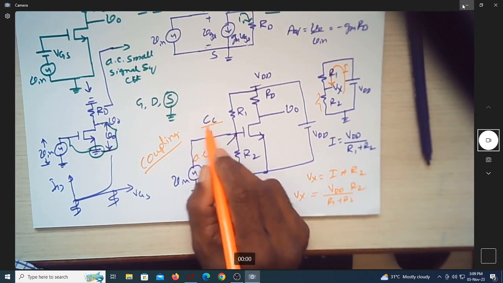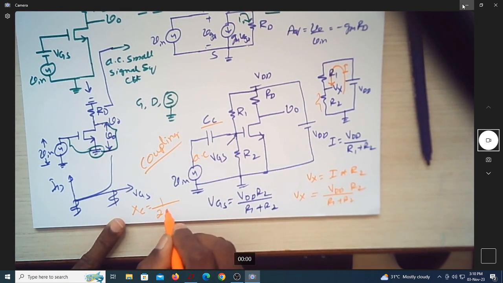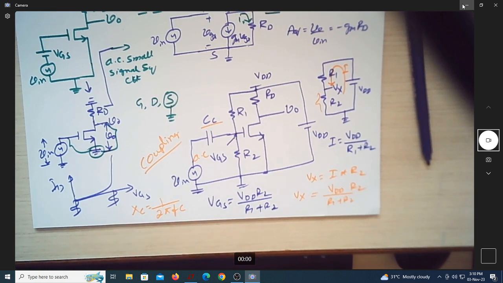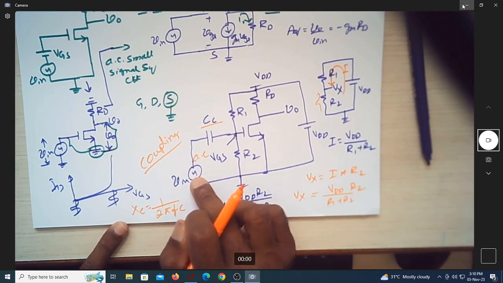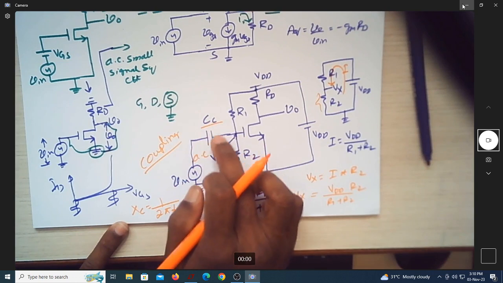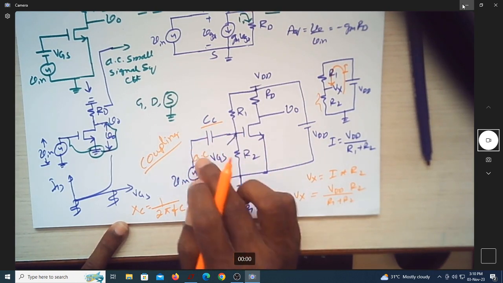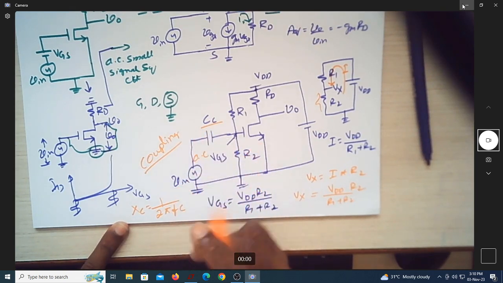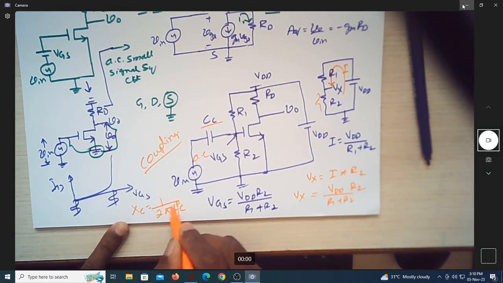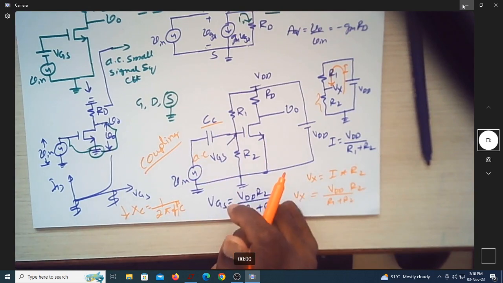We know that the capacitor reactance Xc is 1 over 2 pi f C. Suppose this AC signal has some DC; that DC will be blocked by this coupling capacitor. That DC will not affect this VGS. Whereas for the AC input signal, this almost acts like a short circuit, because as the frequency increases, Xc reduces, and if Xc reduces it acts like a short circuit.